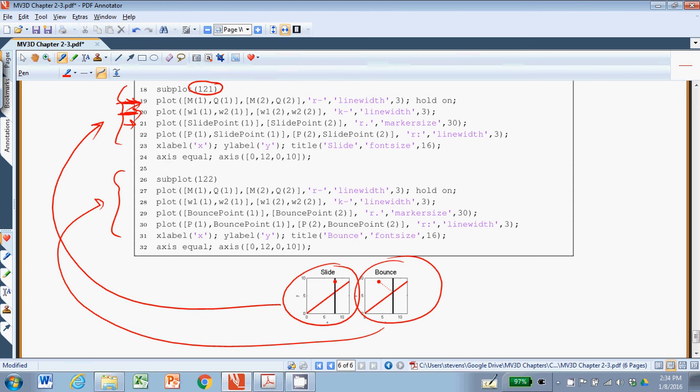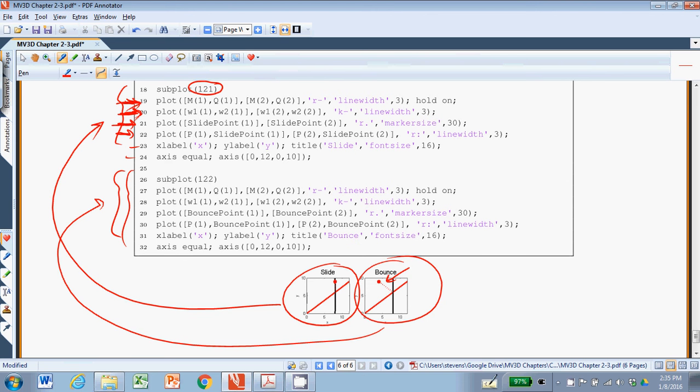This 20, that's the W, gives you the black line. The slide point gives you that red dot. Then we did some labeling and some axis adjustment, and the same thing here. There's actually a dashed line here that you can't see, but it's in there. It's between the point of intersection and the slide point, and the dashed line is visible here. But that's just some graphics.